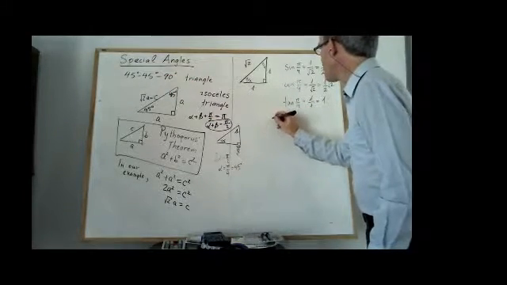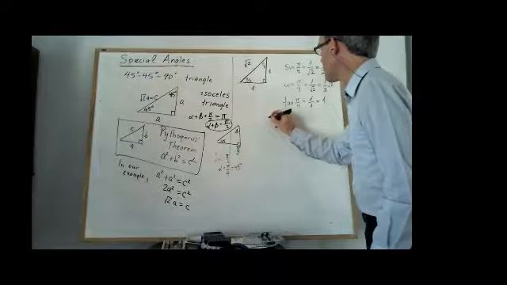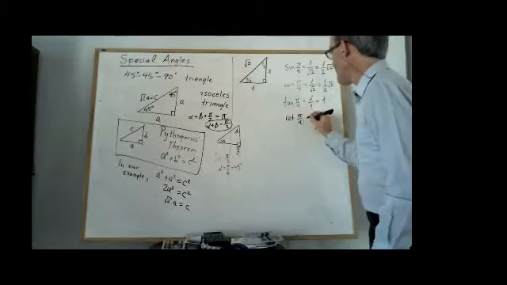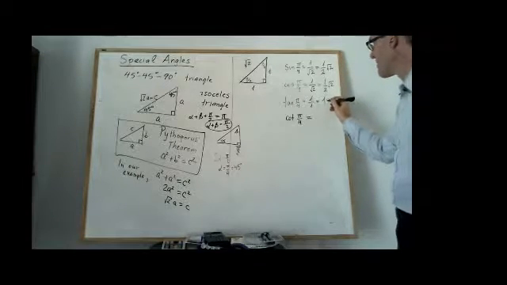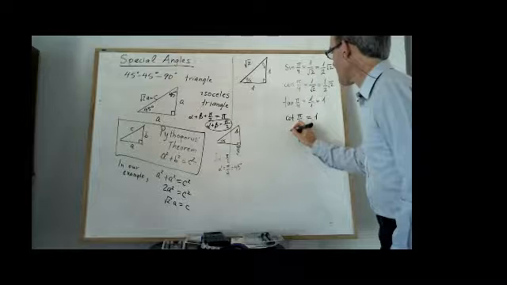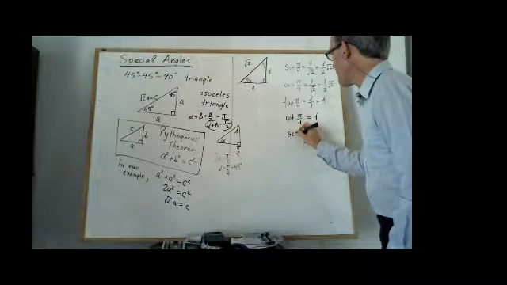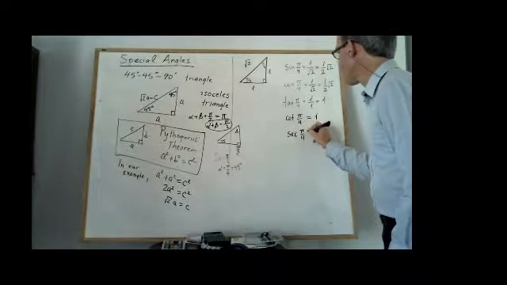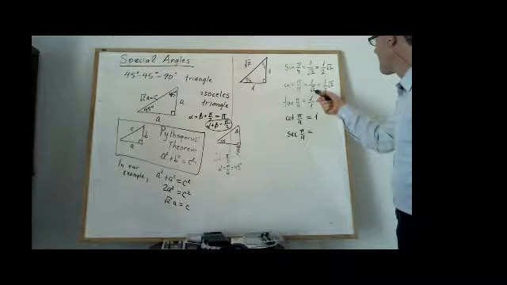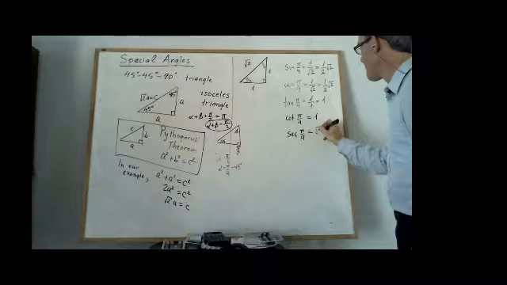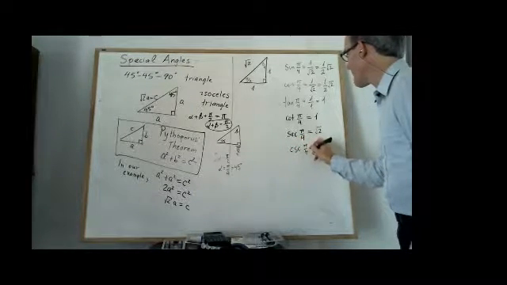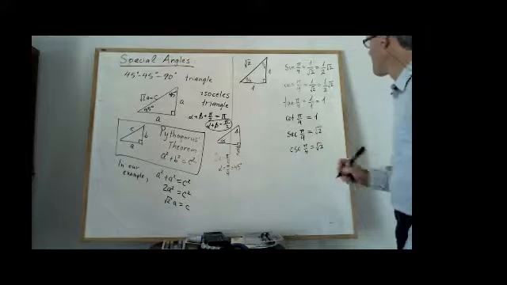The other values for the other trigonometric functions can, again, be computed by taking reciprocals. This is 1 over 1, which is 1. The secant of pi over 4 is the reciprocal of the cosine, which is root 2. And the cosecant of pi over 4 is, again, root 2.